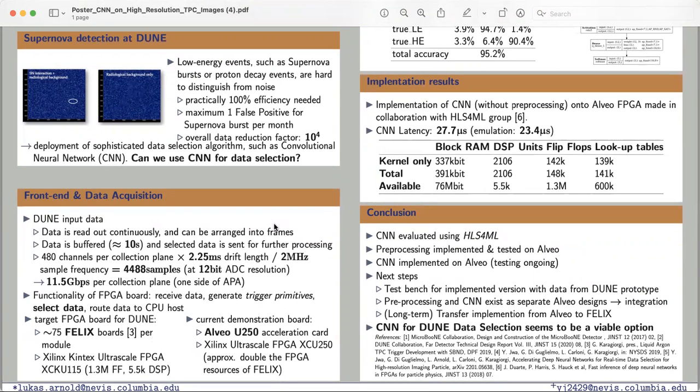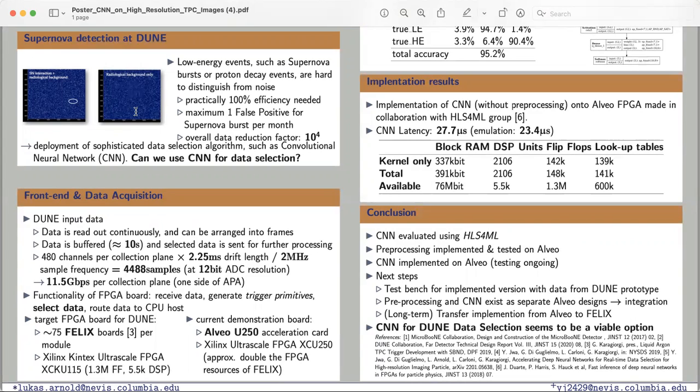What is really challenging, as you might see in this picture, is to distinguish low energy events, such as a supernova burst that occurs maybe every 30 years, from noise. And because these events are so rare, we require practically a 100% efficiency rate.